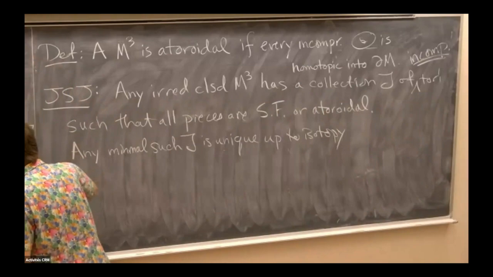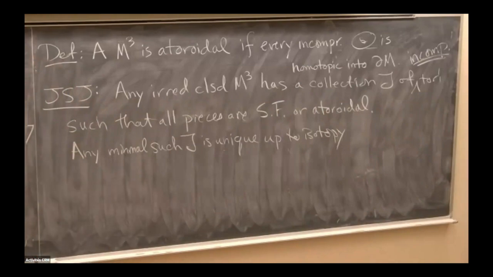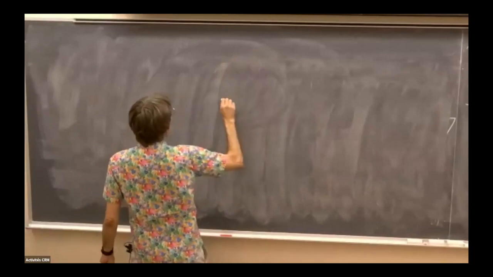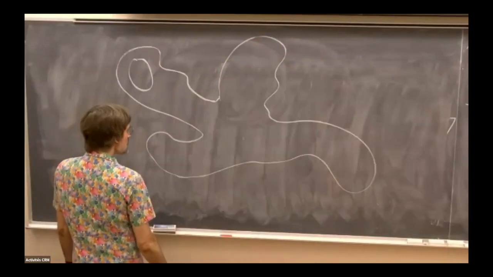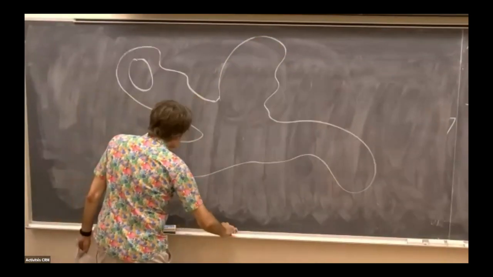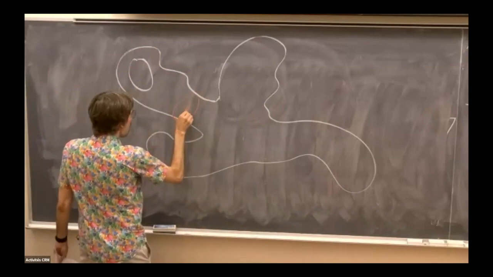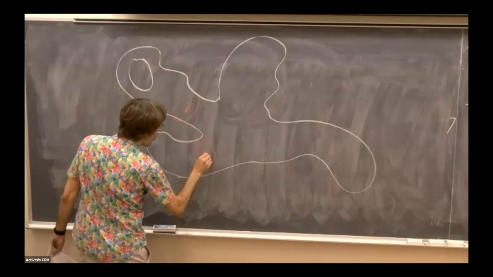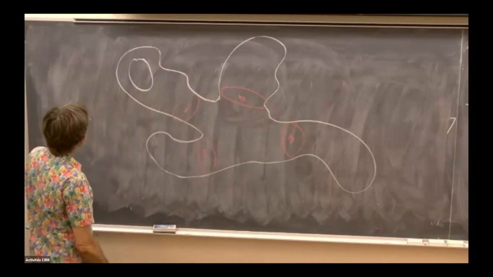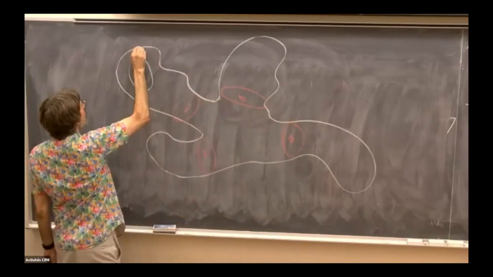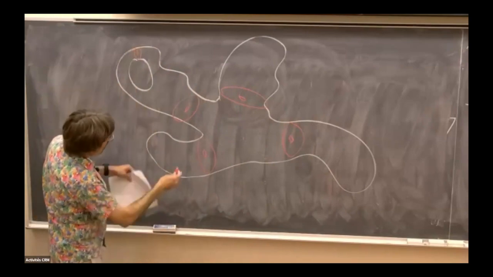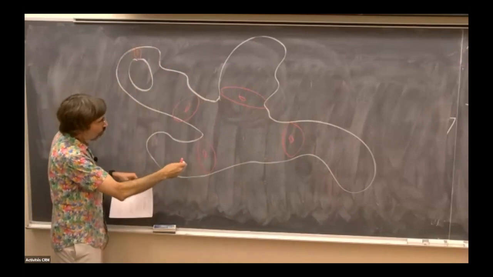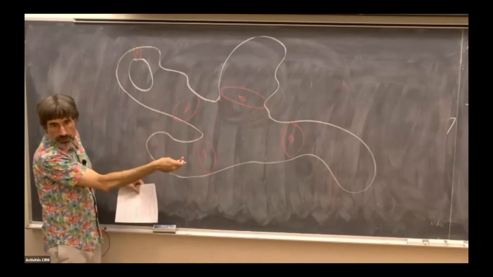Right, so we have some manifold, and this manifold is going to have some collection of tori in it. Then if we cut along the tori, we'll get a bunch of manifolds with torus boundary.